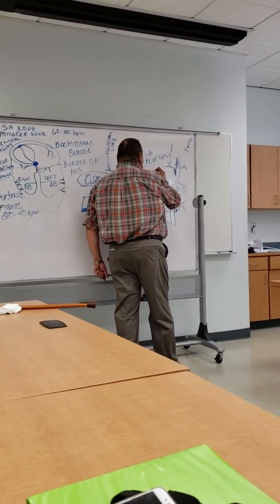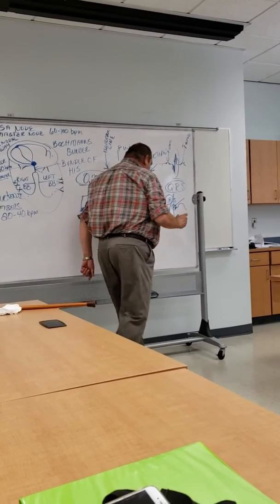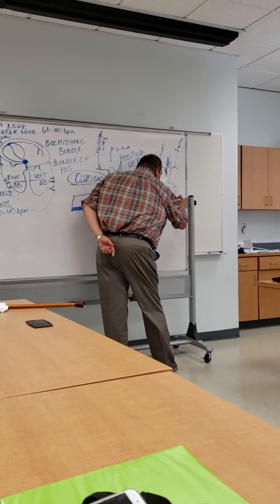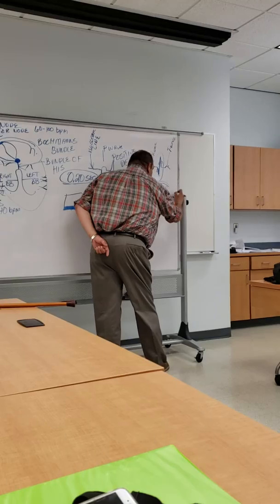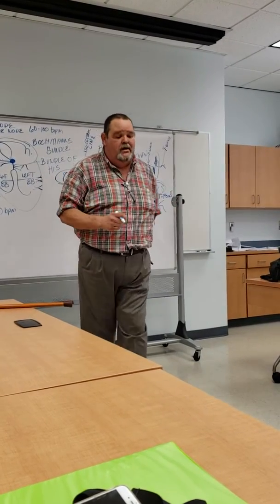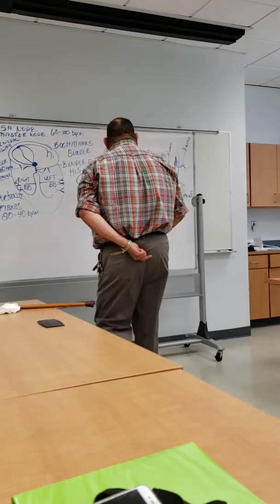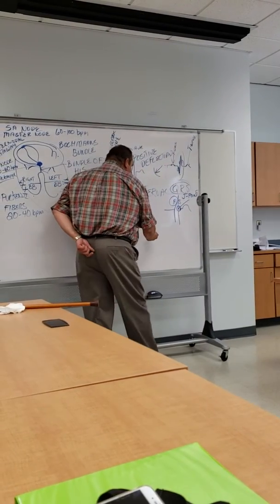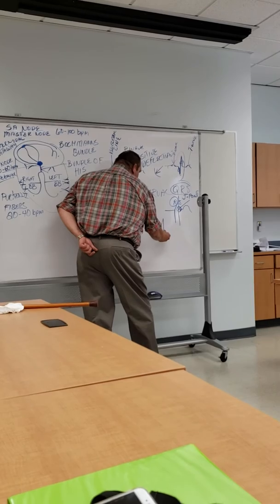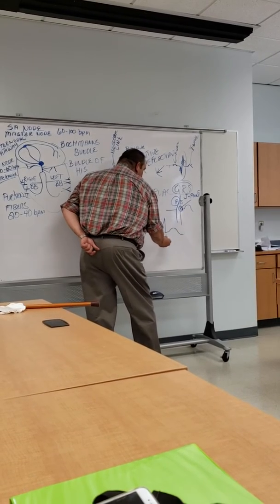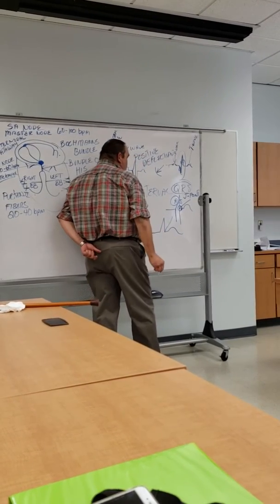And this corner is called the J point. Very important to remember the J point. Okay? Because when you're looking at a 12 lead, your J point is right here.